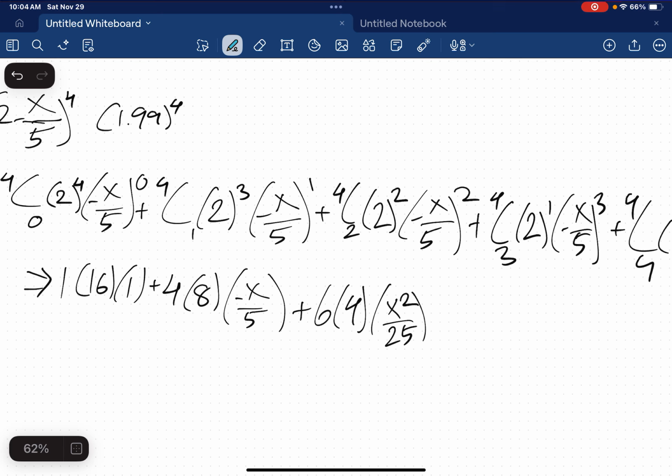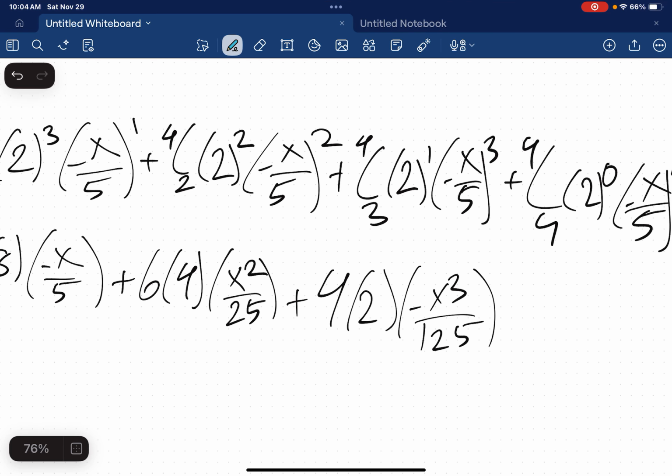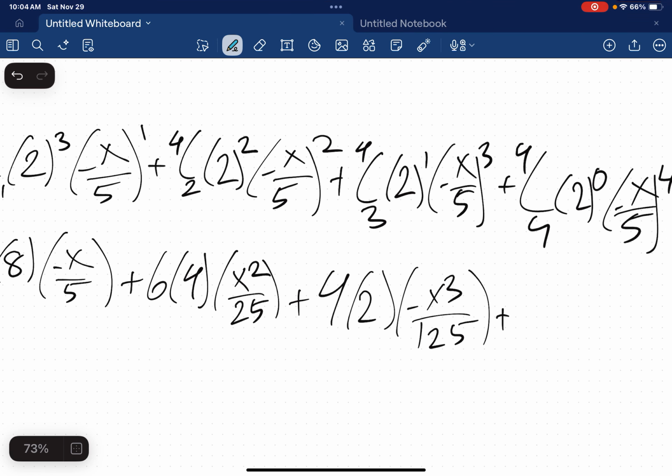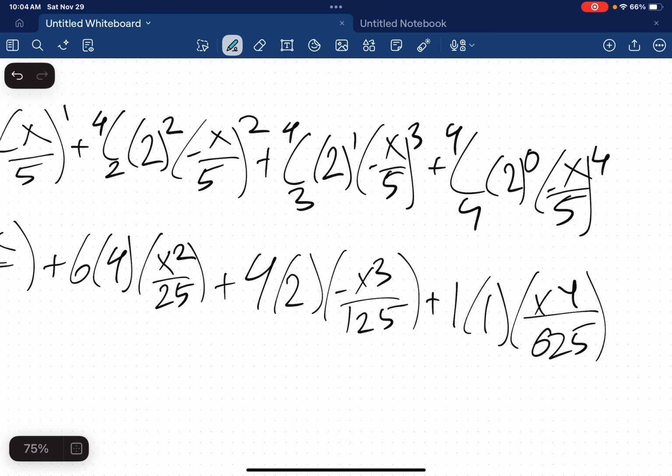Did I do something wrong here? No. 4 choose 3 is going to be equal to 4 times 2 times negative x cubed over 125 plus 4 choose 4, which is equal to 1 times 1 times x to the 4th over whatever 5 to the 4th is. I think it's like 625 if I remember. Yeah, that looks right.